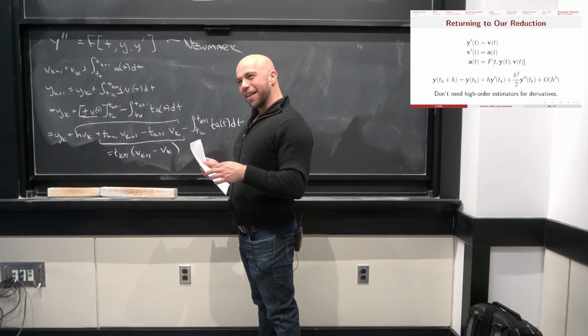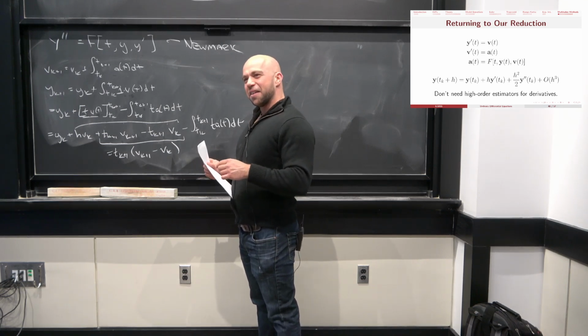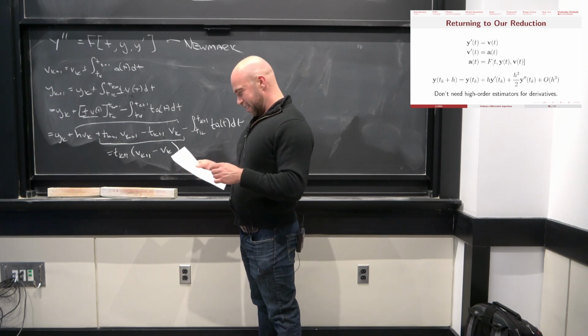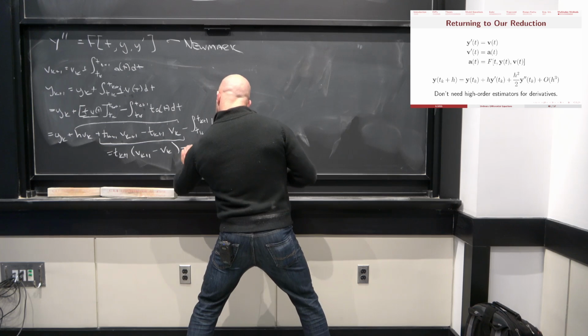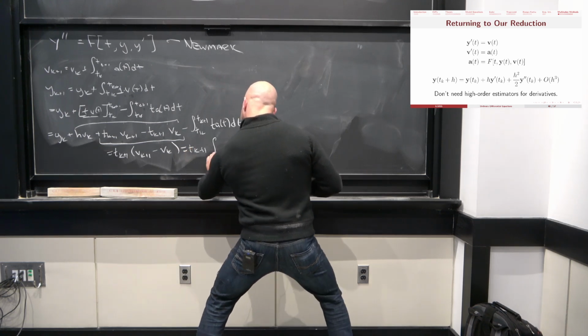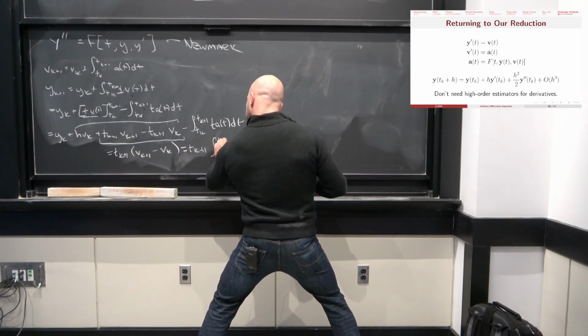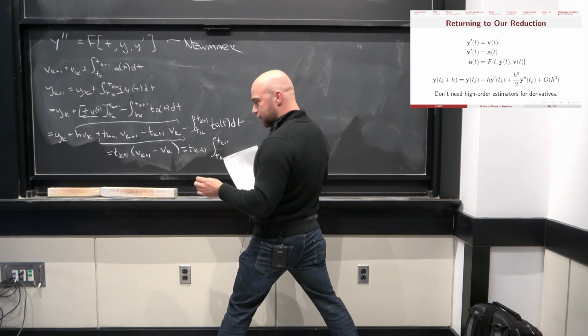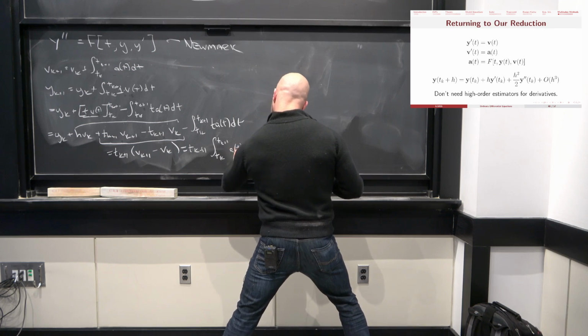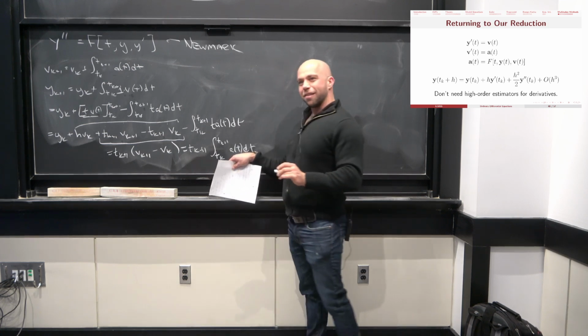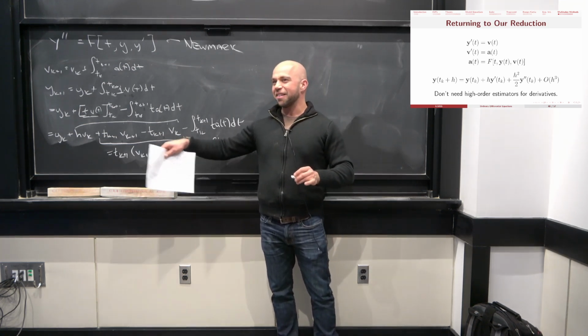I have a difference in v's. Use the fundamental theorem of calculus, right? This thing is equal to t_{k+1} times the integral from t_k to t_{k+1} of a(t) dt. Right? Because a is the acceleration, and this is the change in velocity.